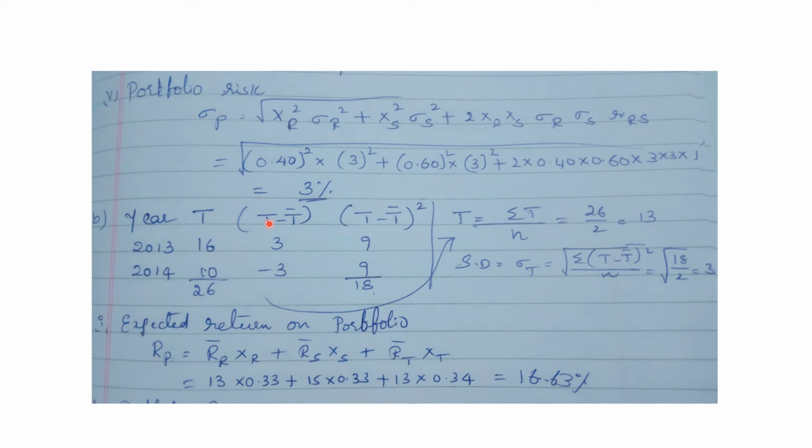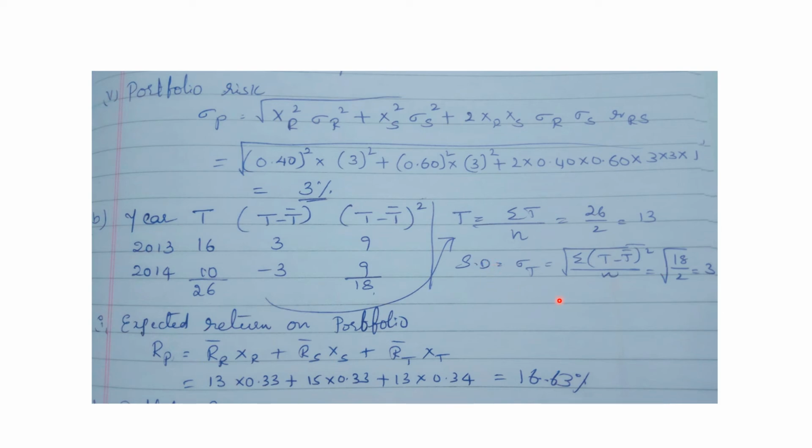So here T minus T bar is 16 minus 13, that comes to 3. Then 10 minus 13, that comes to minus 3. So make the values a whole square, that is 3 the whole square, again minus 3 the whole square. So both will come as 9. So the summation is 18.